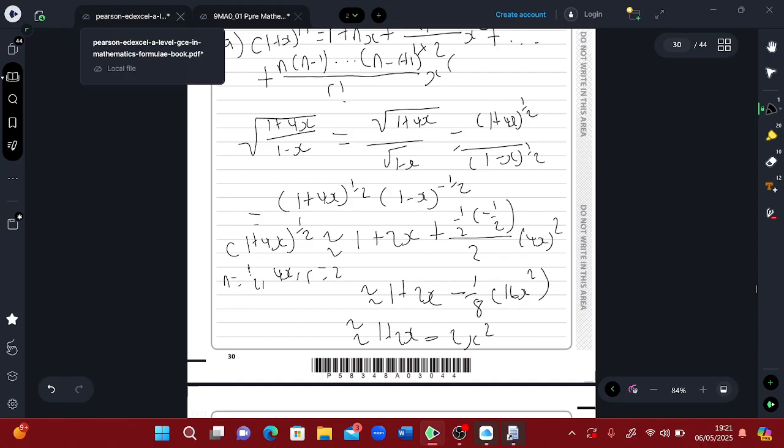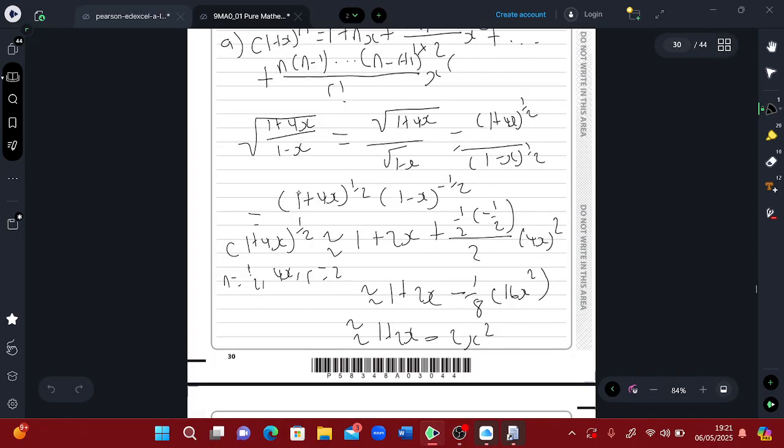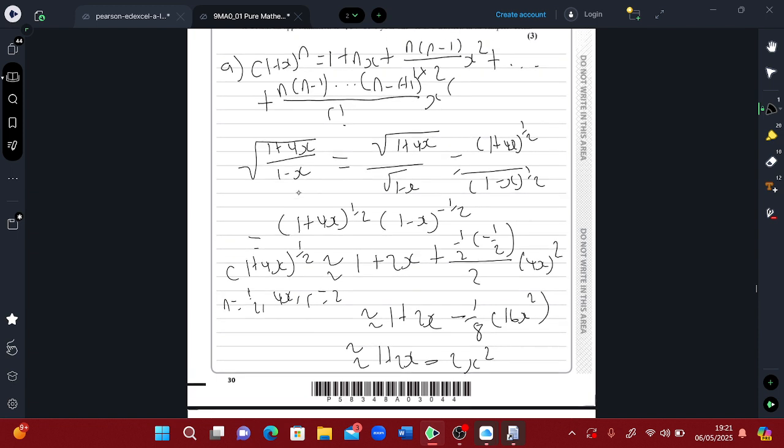Okay. Double check that's right. The sequence. Yeah. 1 plus. Yeah. Okay. And then plus n(n minus 1) over 2 x squared. So n is again half, of minus a half over 2 times 4x all squared.